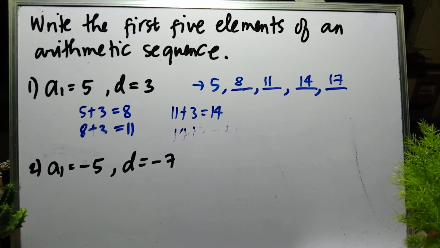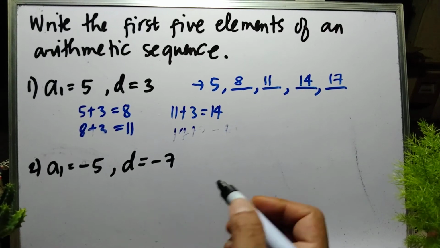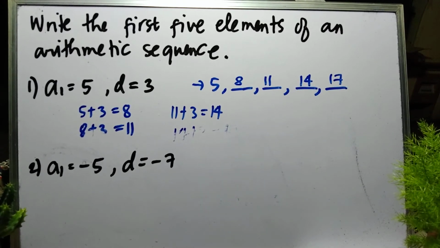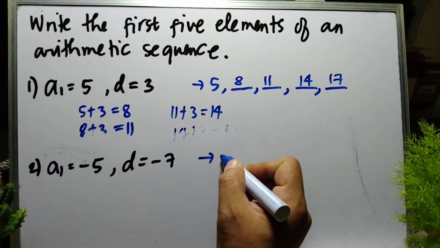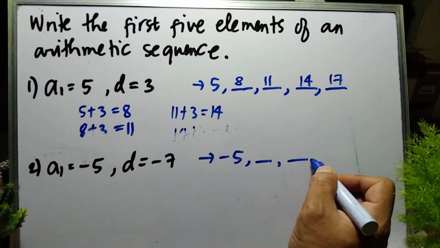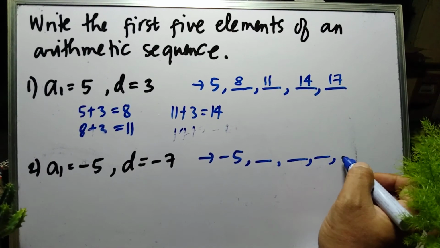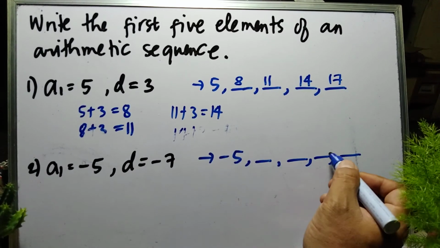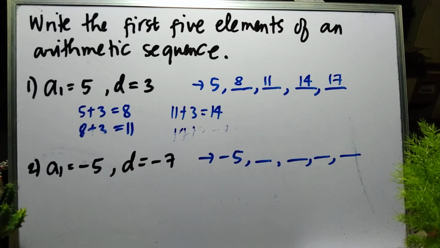Okay? So, can you do that on your own? We already know that our first element here is negative 5. So, all you need to do is to solve for the next elements, 1, 2, 3, 4, 5, until the fifth element.